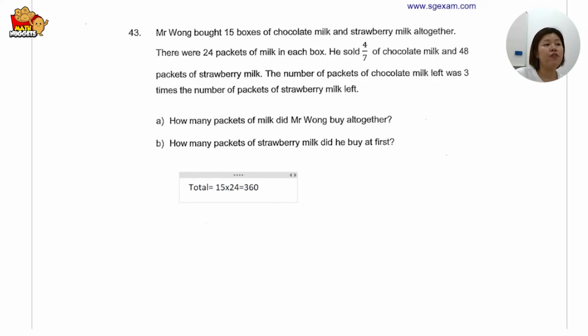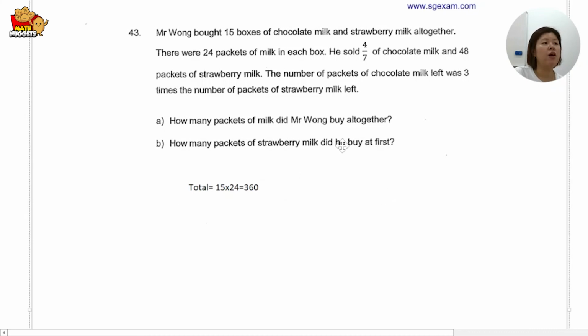And then he sold 47 of the chocolate milk and 48 packets of the strawberry milk. Okay, and in the end, the number of chocolate milk left was 3 times the packet of strawberry milk left.